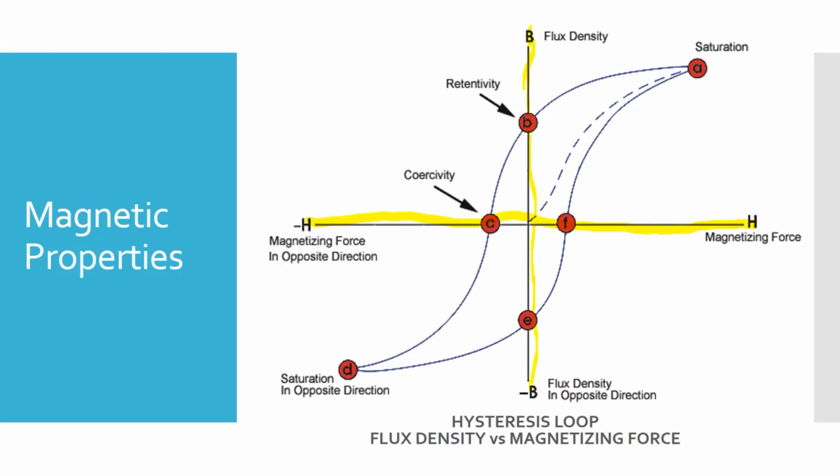So our material, if a material is not magnetic, now some materials obviously can be magnetic when we go up to them, right? You have magnets that have a high retentivity, they retain magnetism. But most materials are going to start out at the origin of this graph, at the 0, 0 point right here.